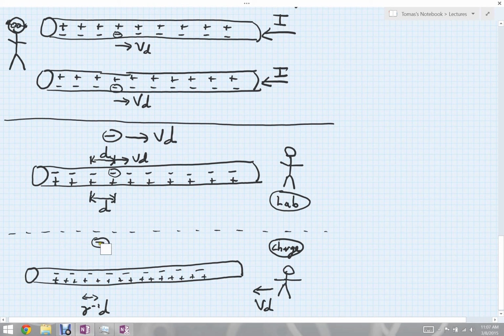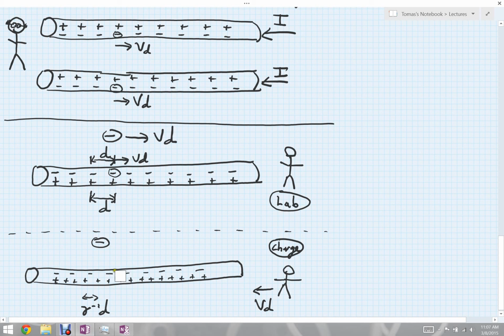And as far as the minus charge is concerned, those are stationary. And what this minus charge is observing is that these stationary charges have an observer who's traveling past them. So that observer must be seeing these stationary charges as closer, as length contracted, than what I, this minus charge, regard them to be.